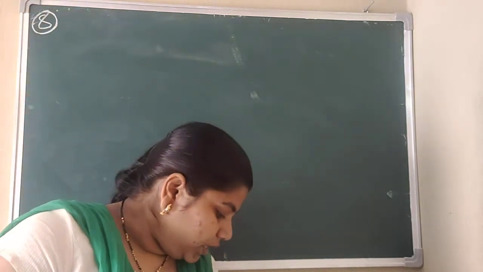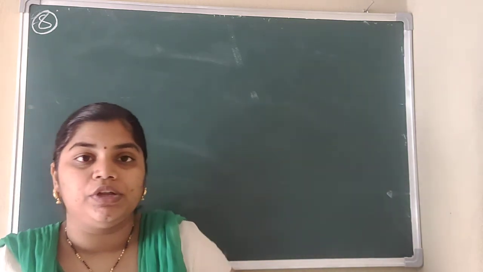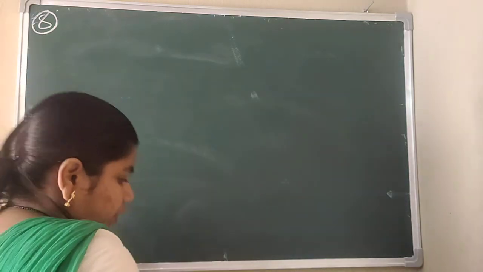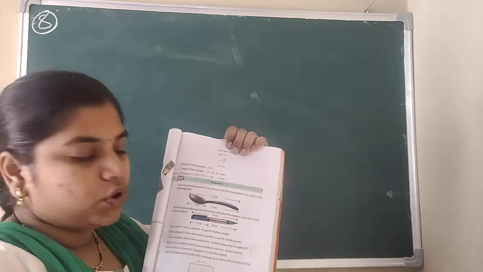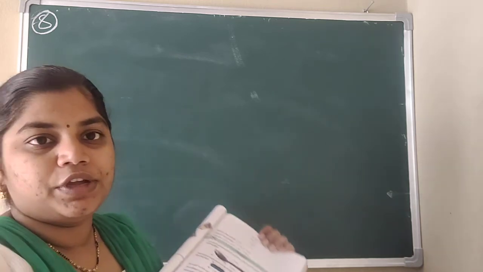So what is eighth? Find the length and breadth of a rectangle given below if its perimeter is 72 meters. So we have to find the length value and breadth value. So in the figure they have given the length value as 5x plus 4 and the breadth value is x minus 4. Total perimeter, if you are adding all the sides, that will be equals to 72 meters.